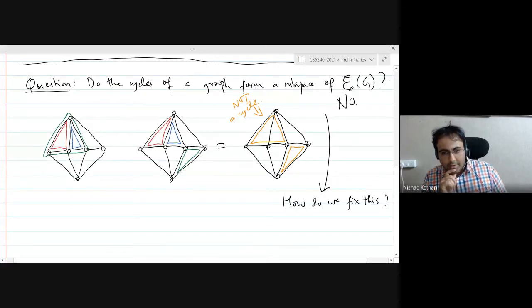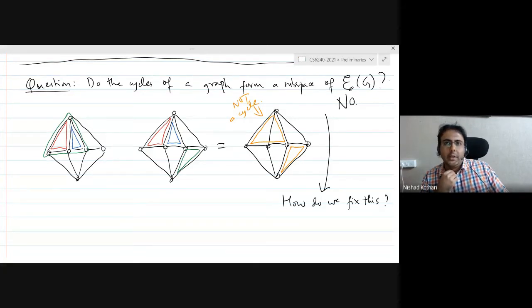But the trouble is, we want to still stay within the algebra, right? We want to find a subspace of this vector space. Right, but then you would be very restricted, right? So how would you pick the elements of your subspace?